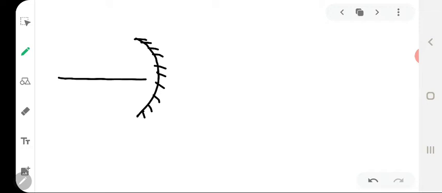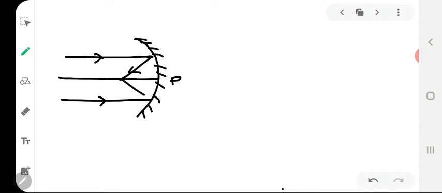If this is the principal axis, we mark the pole. So rays traveling parallel to the principal axis, after getting reflected from the mirror, meet at one point, or rather converge at a point. That point is called the focus. Let us mark the mirror as M dash. So F is the focus.